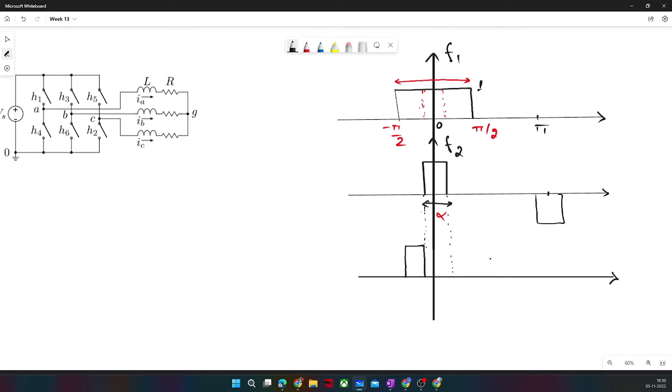Because if you understand the waveforms, then it would be easy to solve any expressions. So that's the one thing or one beauty of this subject, power electronics.